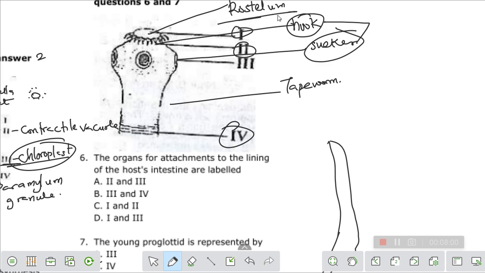So that's why we're going with 2 and 3, number 6. And that's why you see me trying to hold on a little bit, because I know that may not likely be the answer. So that's the hook. So we have the young proboscis.